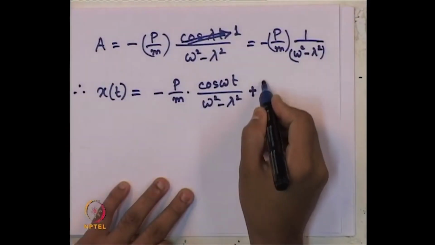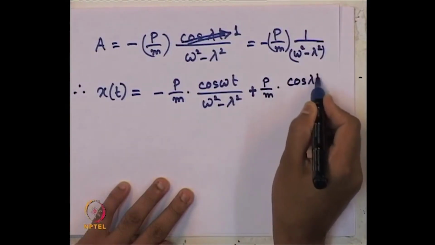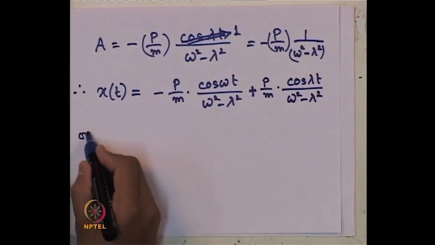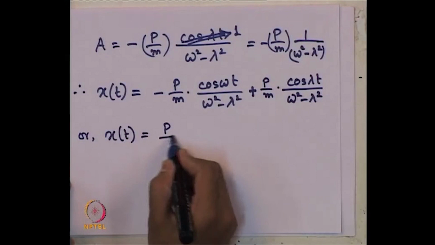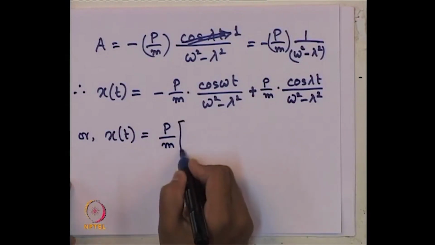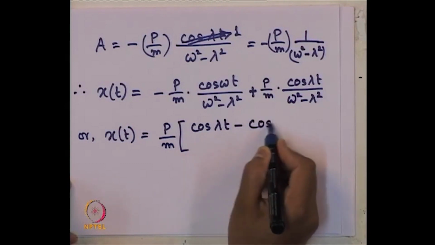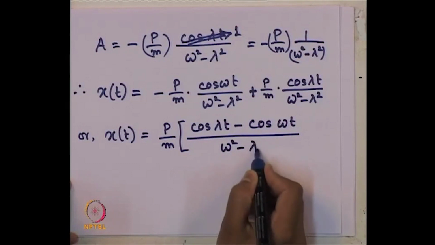So, plus p by m cosine of lambda t by omega square minus lambda square, or x of t is equals to p by m cosine of lambda t minus cosine of omega t by omega square minus lambda square.